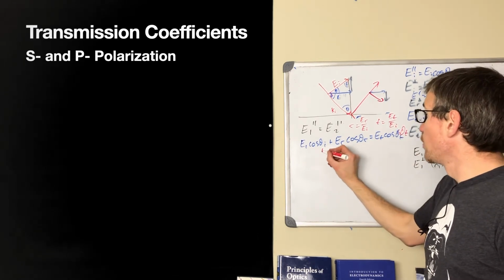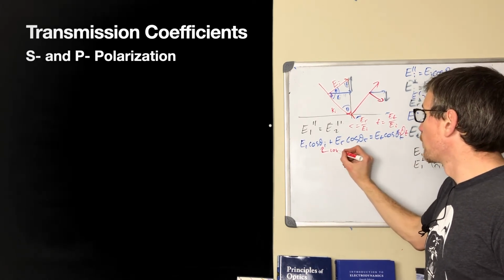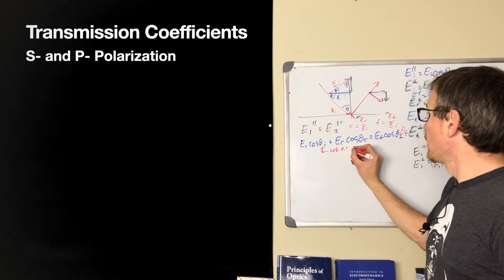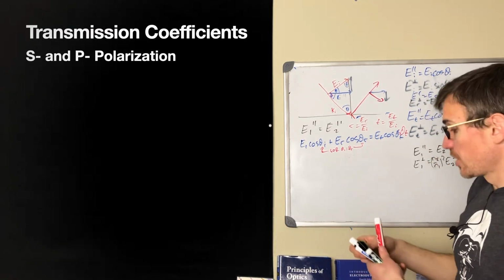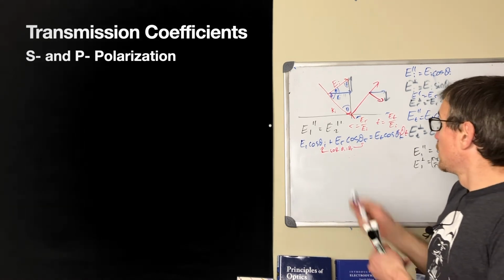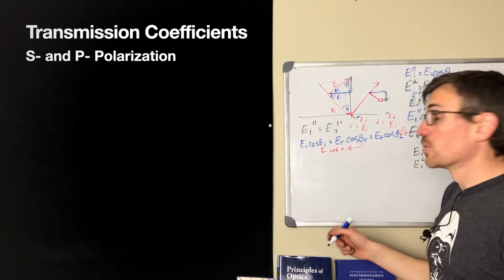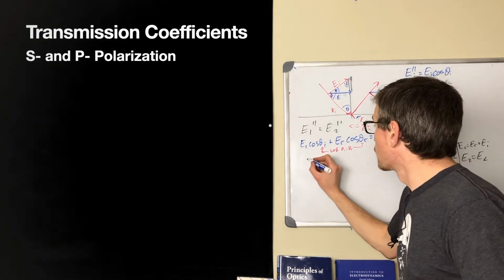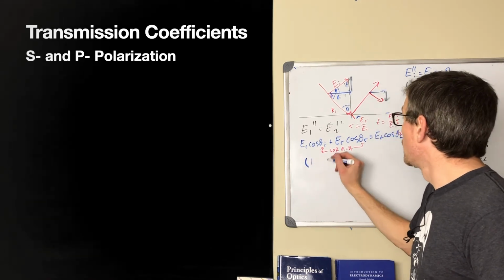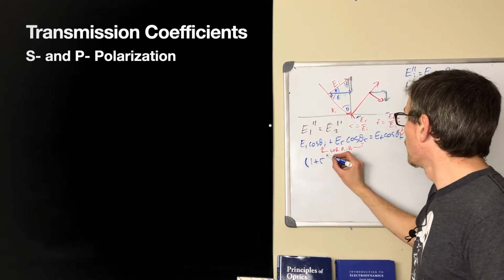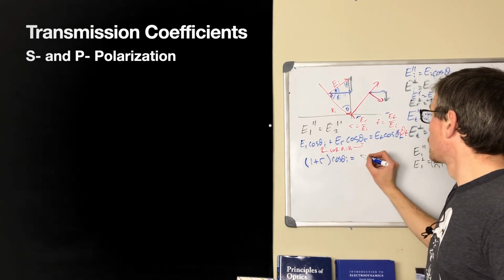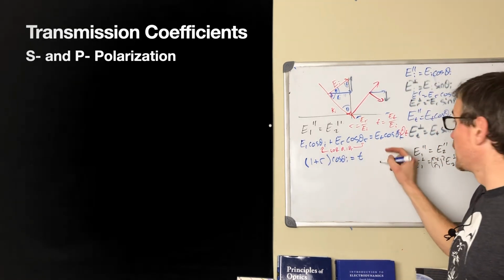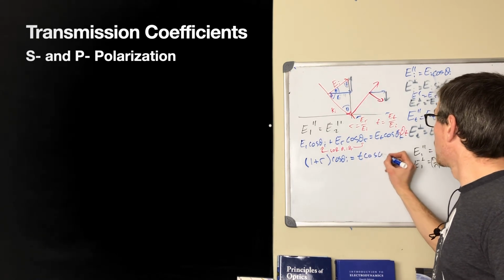We're also going to note from the law of reflection, LOR, that theta I is equal to theta R, and rewrite this equation as such. E1 divided by E1 is equal to 1. So that's going to give us 1. We'll factor out the cosine plus R times cosine of theta incident is equal to T, Et divided by Ei, divided by cosine of theta t.